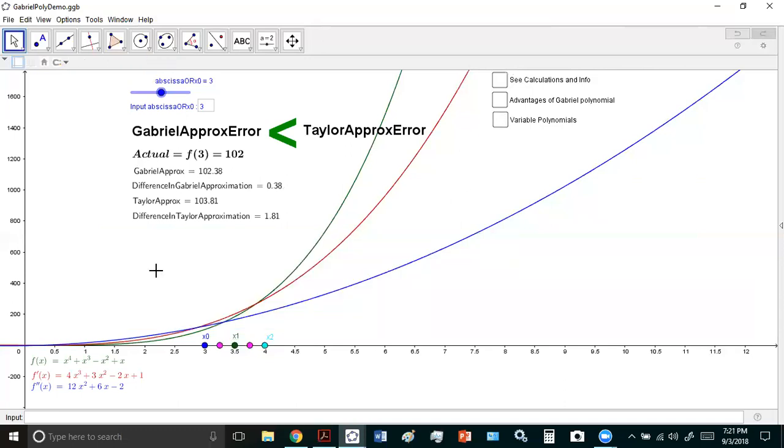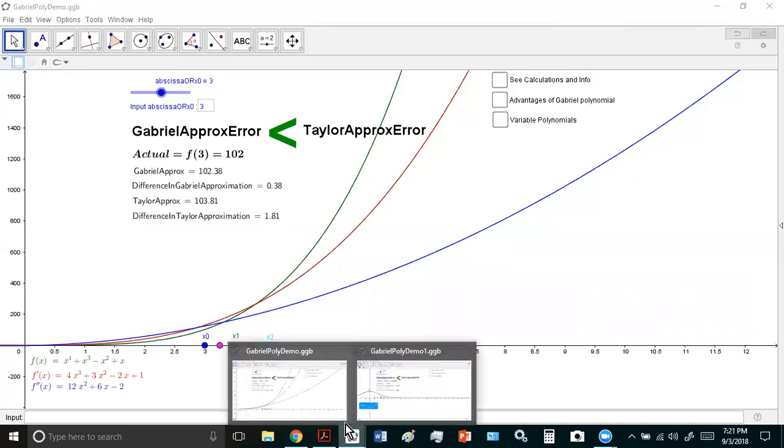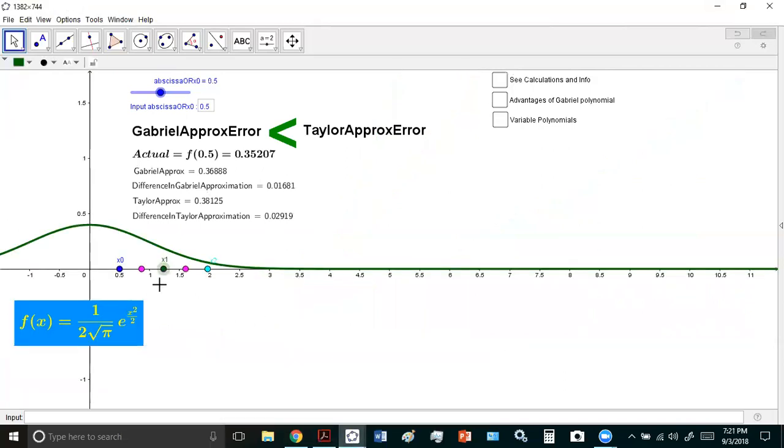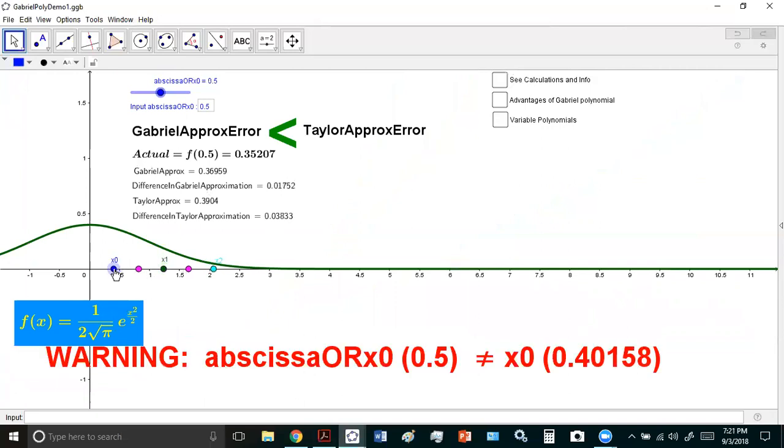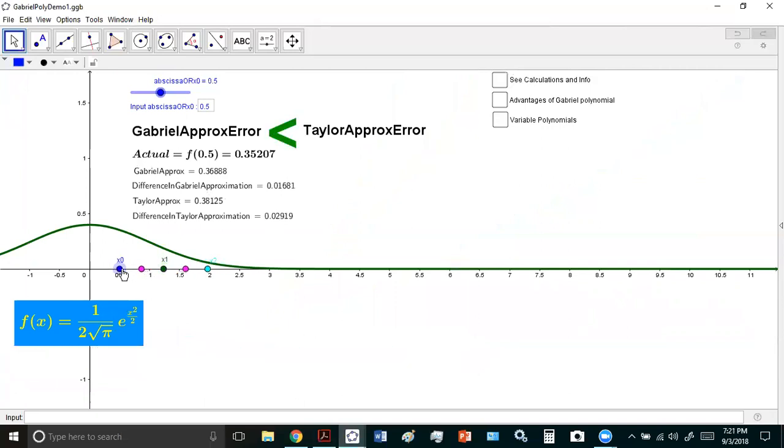So the Gabriel polynomial is quite fascinating, and I've also given you another example here with the normal distribution, where you can move these points and you can see what happens as you move x1 closer to x, where the Gabriel polynomial is more accurate and very close.